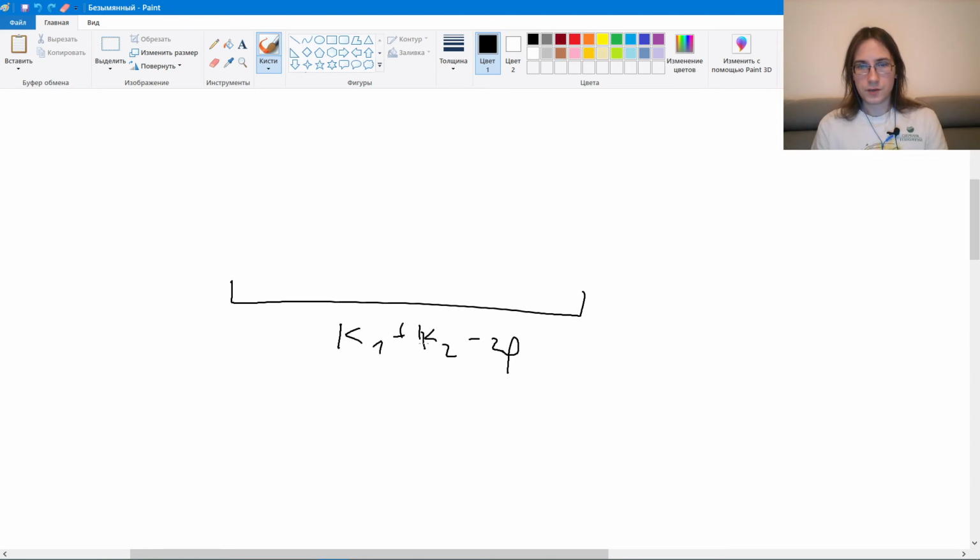And we know that there must be exactly k1 minus p divisions and k2 minus p subtractions. Let's separately consider numbers that are less or equal to b and those that are greater than b. Of course, those that are less or equal to b will be in the tail of our array because we sort it in decreasing order.